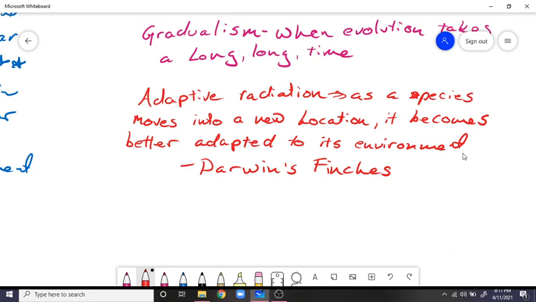So adaptive radiation can take place over a long period of time too.